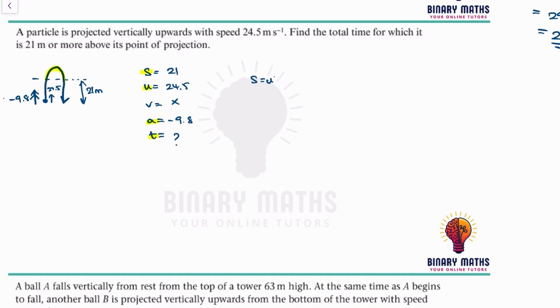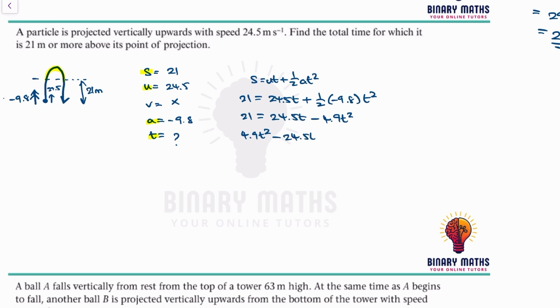S is equal to UT plus half AT squared. 21 is equal to 24.5T plus half times minus 9.8 times T squared. 21 is equal to 24.5T minus 4.9T squared. Take it all to the left-hand side. 4.9T squared minus 24.5T plus 21 equals 0.